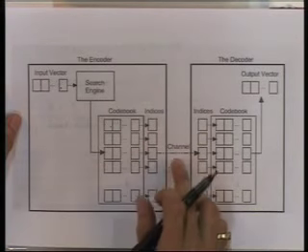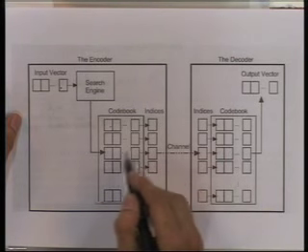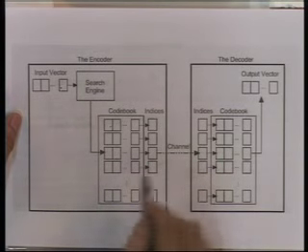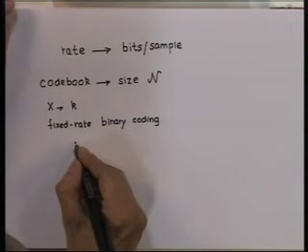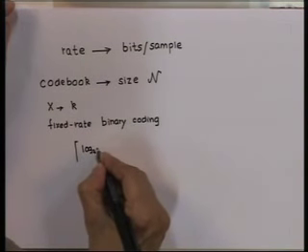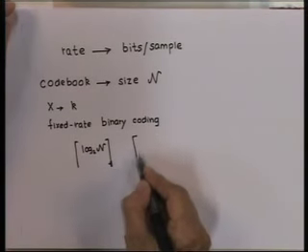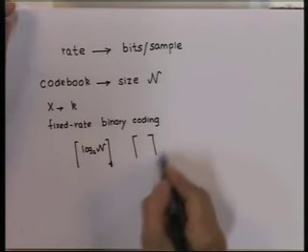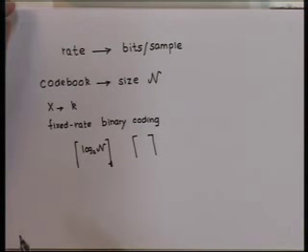Now, in order to inform the decoder of which code word was selected, we need to use ⌈log2 n⌉ bits. The symbol ⌈ ⌉ denotes rounding off to the next largest integer.